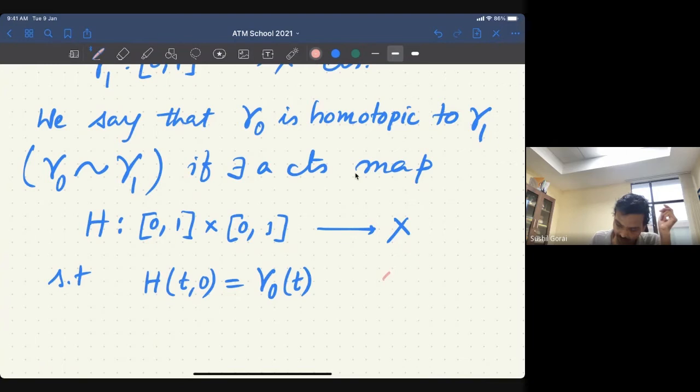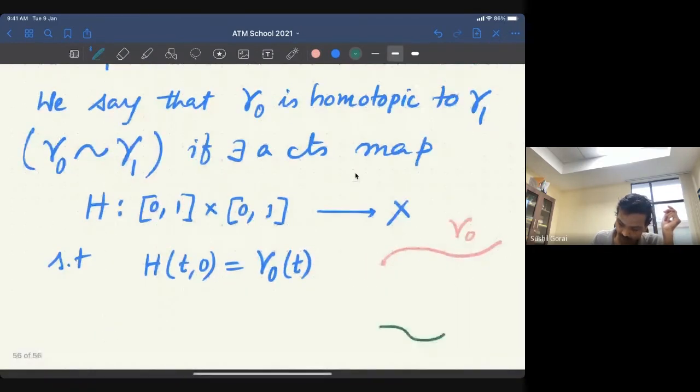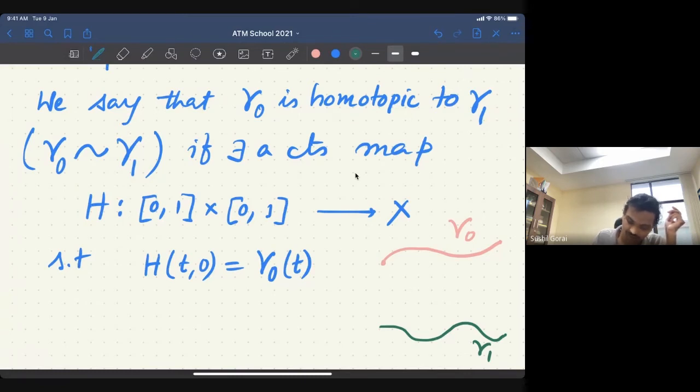So suppose this is gamma 0 and this is gamma 1, or maybe I would call this gamma 1 and call this gamma 0. All right, so H(t, 0) is this one.